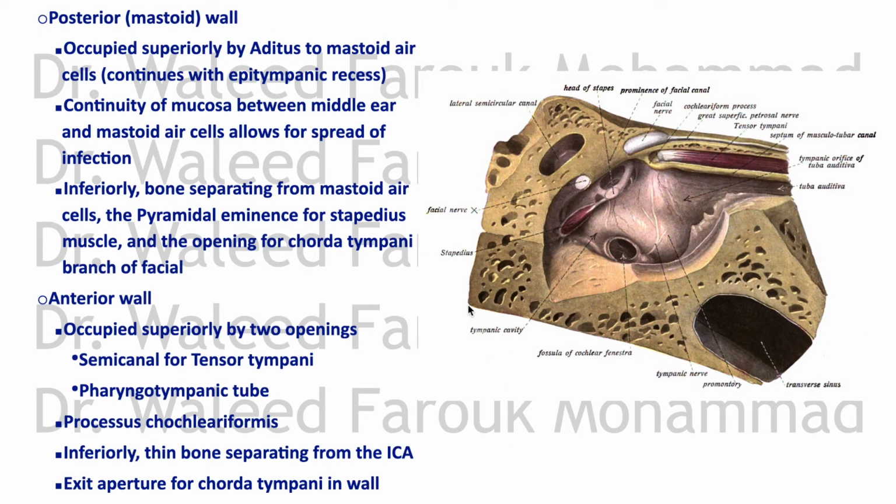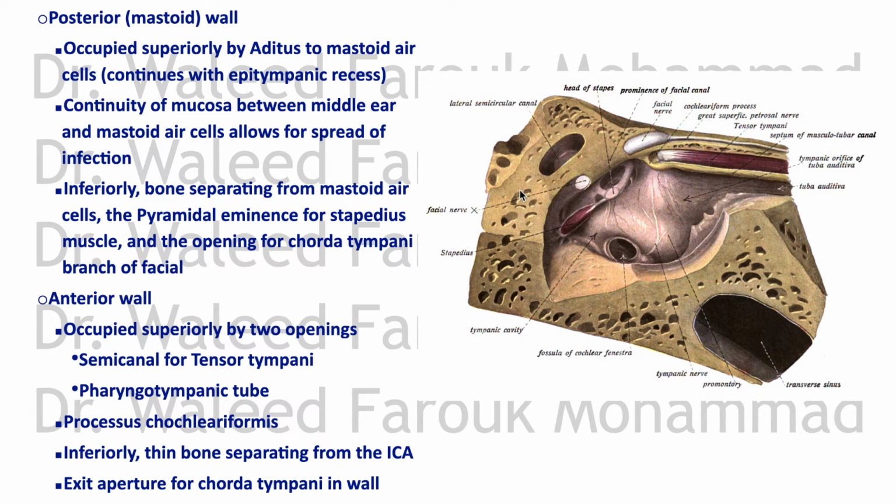Okay, the posterior wall. This is the posterior wall, this is anterior, this is the medial wall, and I'm standing on the inside of the lateral wall looking. This is posterior. You can see there's an opening upwards called the aditus that will lead you to the mastoid air cells.